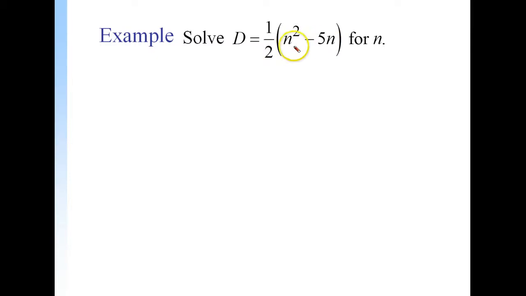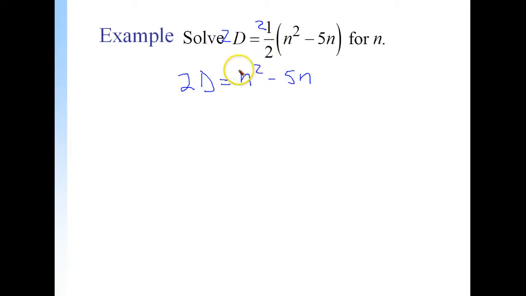Well, the first thing we have to do is get the fractions out. So we're going to multiply both sides by 2, and we get then 2d, and this is gone now, and we have here n squared minus 5n. We got rid of the 1/2 by multiplying both sides by 2.